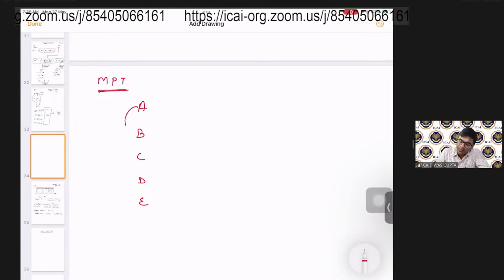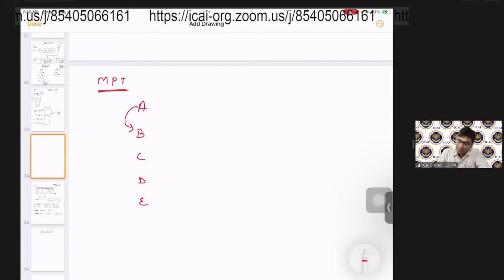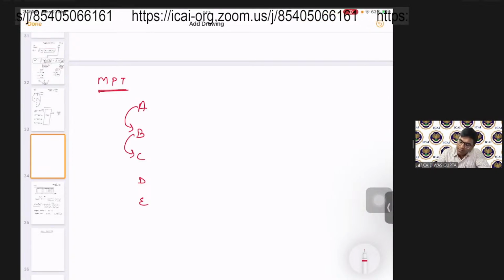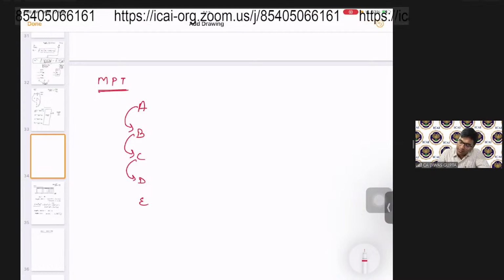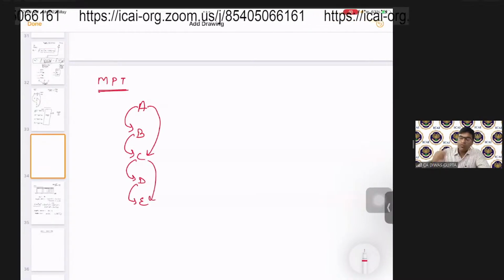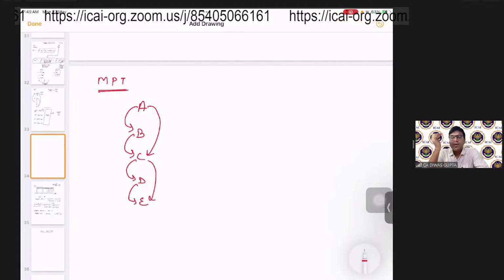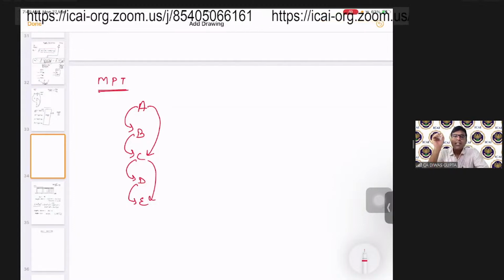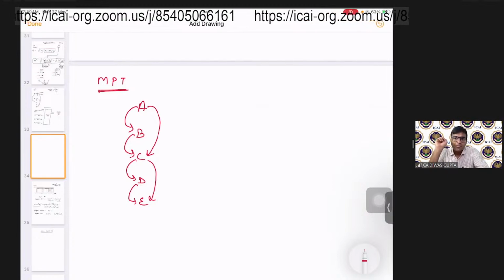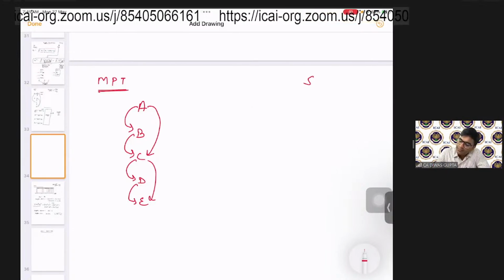For this, we will have to calculate the relationship of A with B, then B with C, C with D, D with E, and similarly A with C, C with E, and whatever permutations and combinations are possible, we will have to calculate the respective relationships, right?